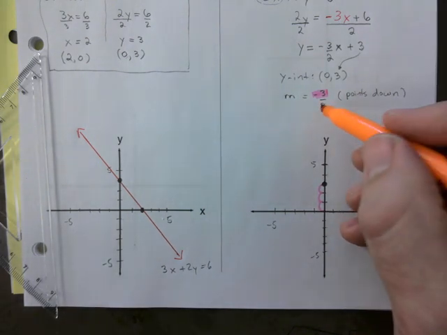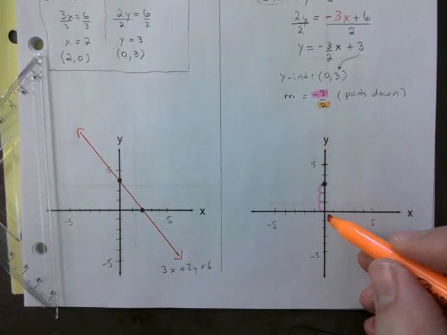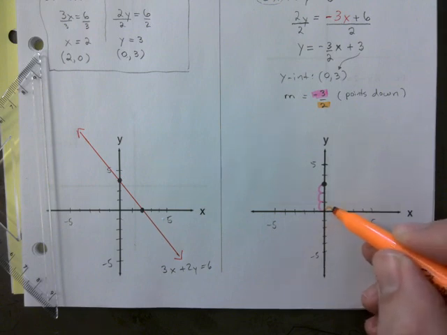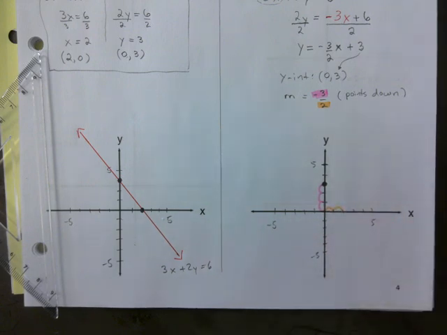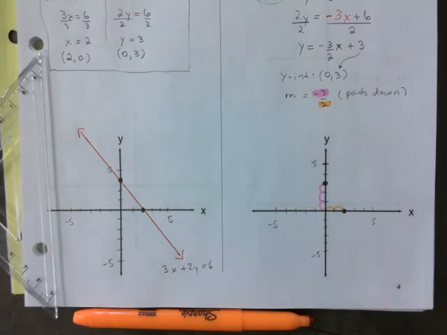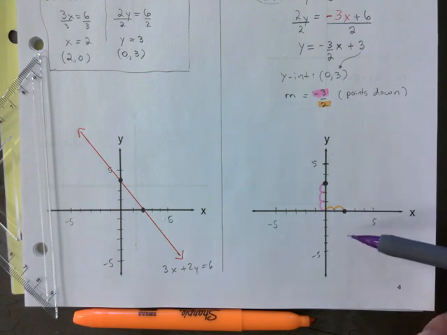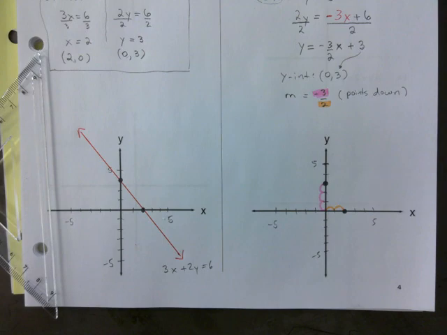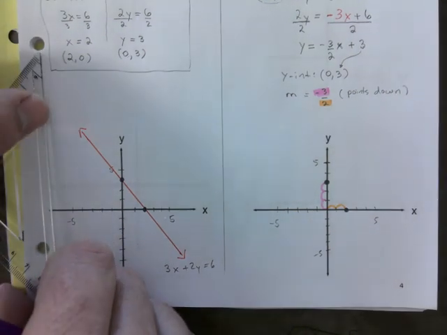And you're running 2. So it's going to be 1, 2. Right? So that's your next point. And you're actually done there. You can keep going. You can go 3, 2, 3, 2, right? As many times as you want to, but this is it.